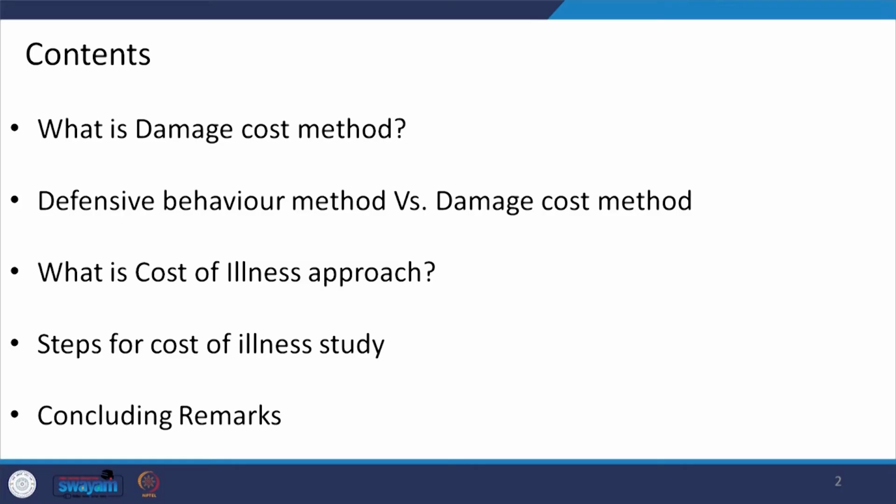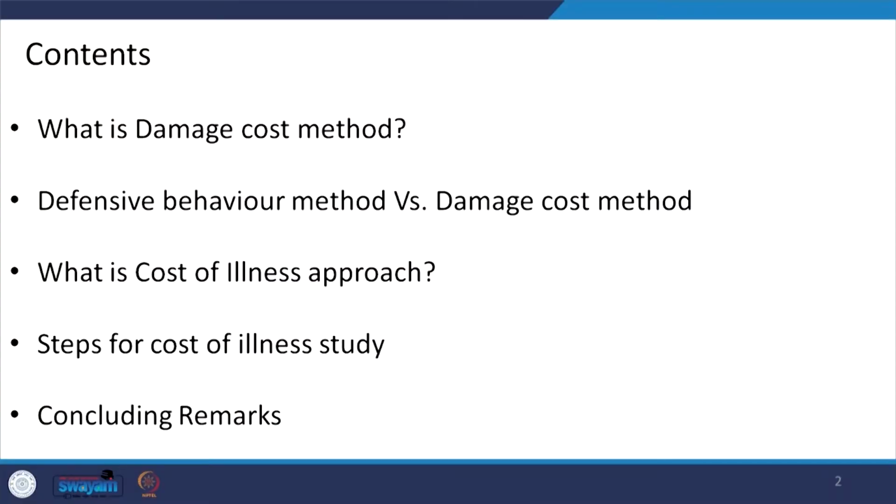These are the outlines of this cost of illness approach. First of all we will be discussing what the damage cost method is, then we will be comparing the defensive behavior method that we have already explained with the damage cost method, so that we can know the similarities and the differences between these two methods.